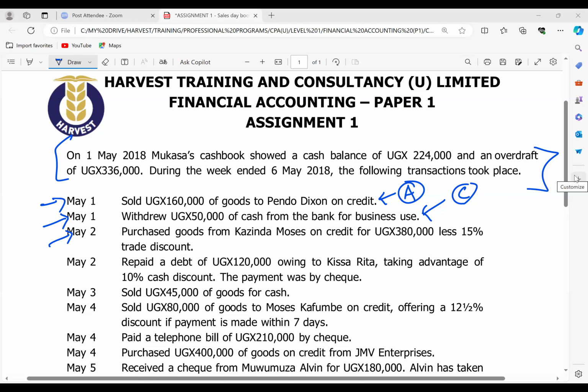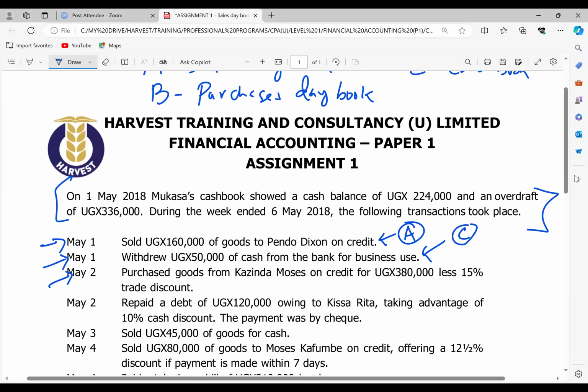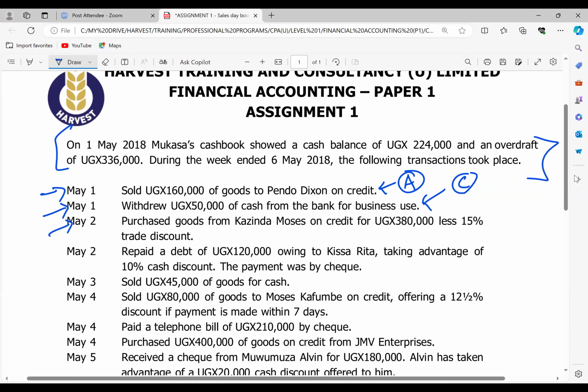Since the goods were purchased on credit, I would like to go with the purchases day book. Perfect. So that is alternative B. The figure that we are going to record, you will tell me when we reach that point. Thank you so much, Faith.